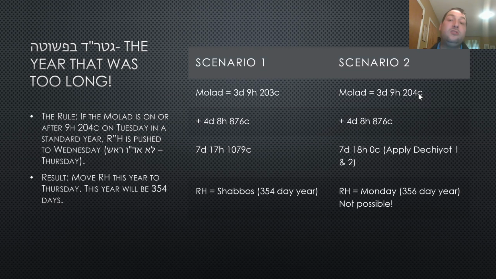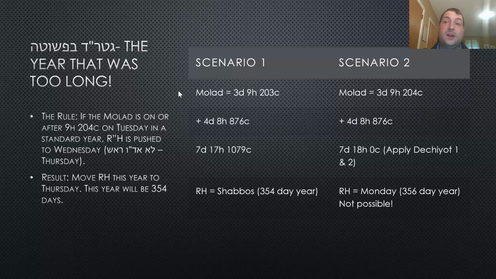So we do not allow that to happen. In that case, Rosh Hashanah this year will be pushed off until Thursday. Rosh Hashanah next year will still be on Monday because the rule applies. We can't avoid Lo Adu Rosh and Molad Zaken. And so therefore, this year will be Thursday, next year will be Monday, and therefore it works out as a 356. That will be a Shlemim year.